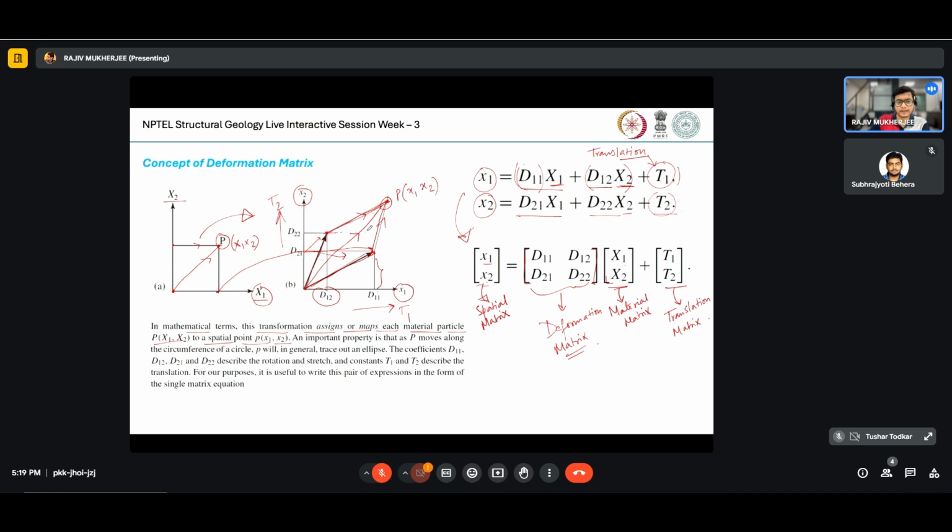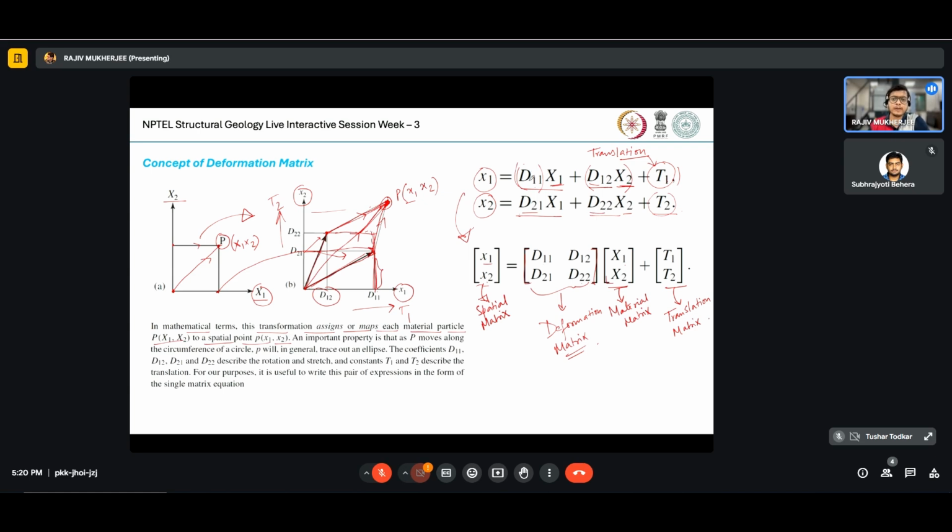So if this is the initial shape, we can surely say that this is the amount of extra movement, translation as well as rotation, that occurred to the point P that resulted in this new coordinate. So for that coordinate, we have this x1, which includes the components d11 and d12, and for the coordinate x2, we have the components d21 and d22.